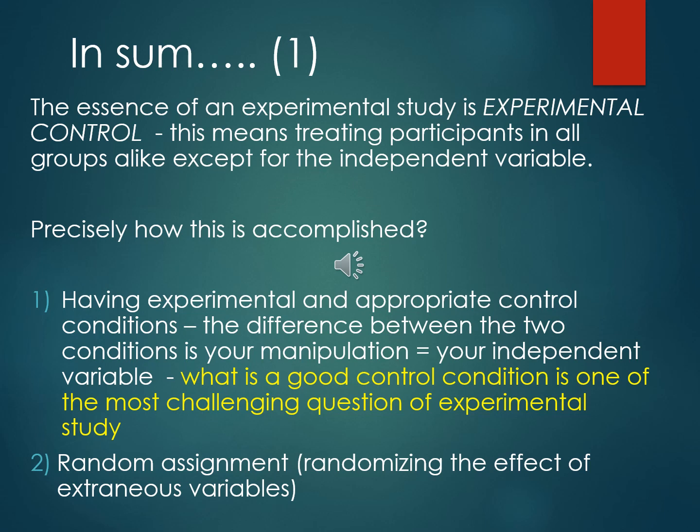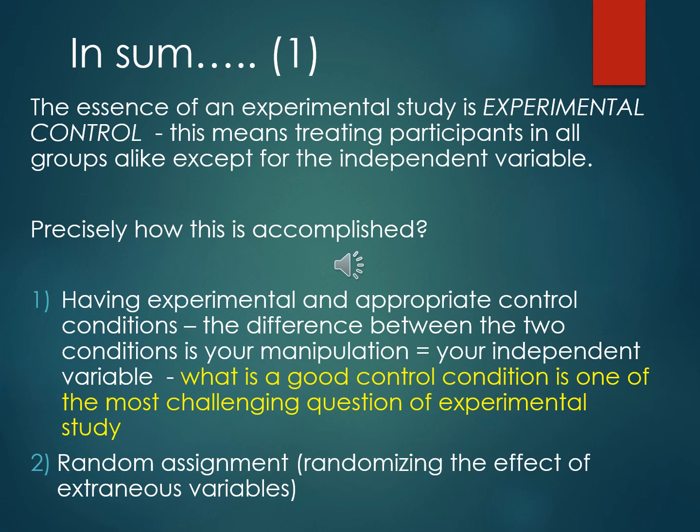In sum, the essence of experiment is experimental control. Okay, so you need to be obsessed with control. So how is it accomplished? You're going to isolate and manipulate only one variable at a time. This means having an experimental and an appropriate control condition. The difference between the two conditions is your manipulation.